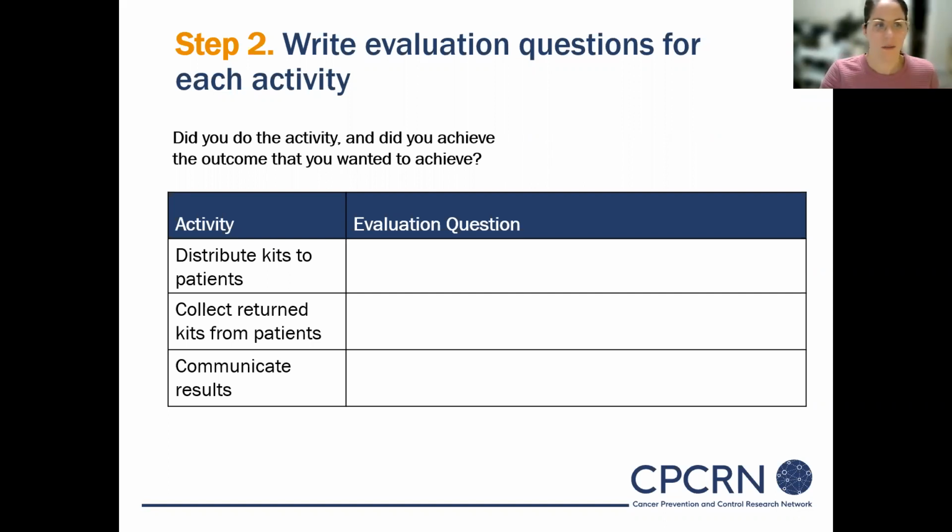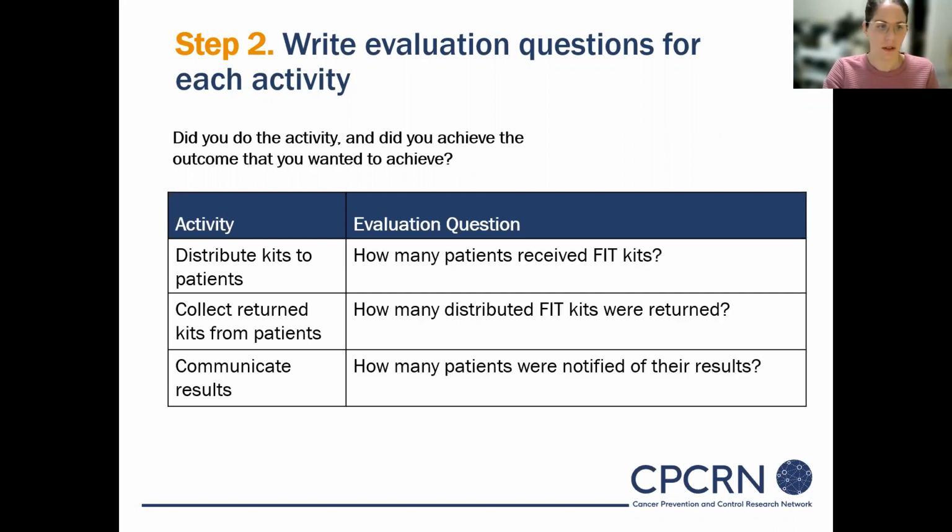Perfect. That's a great example. How about for collect return kits from patients? We can probably think of something similar, like how many of the kits that we sent out were returned. And the same goes for the communicate results.